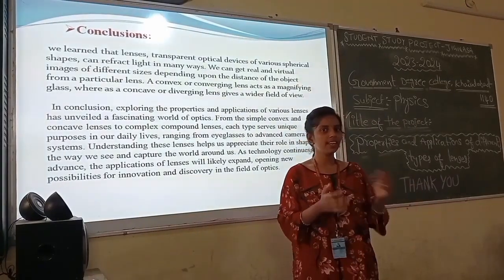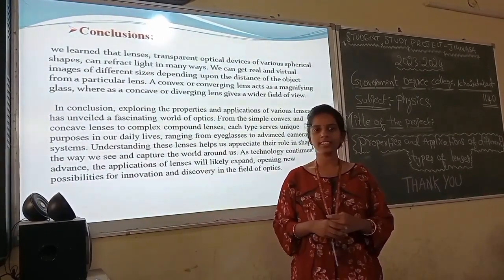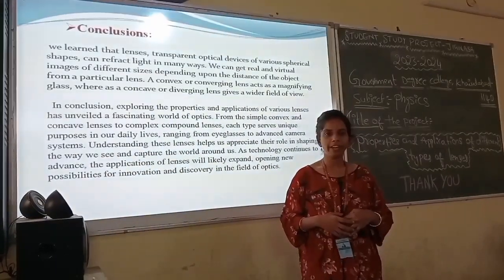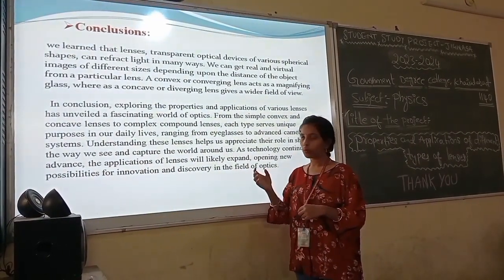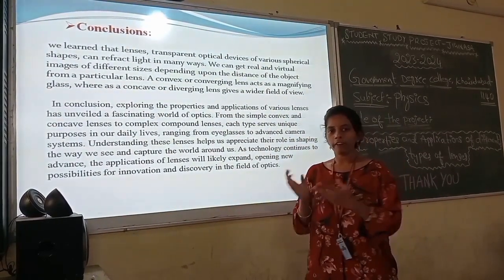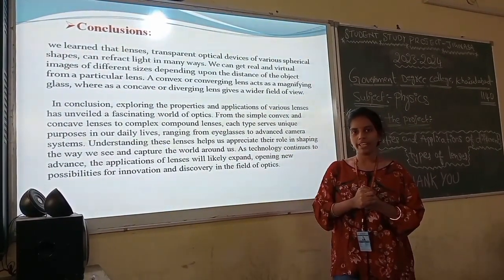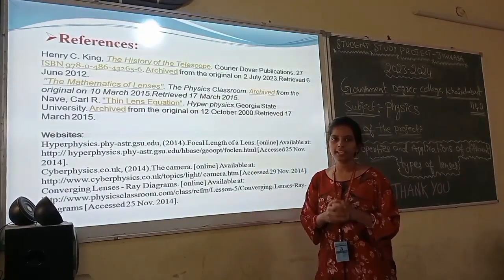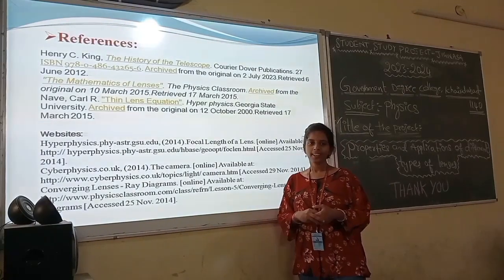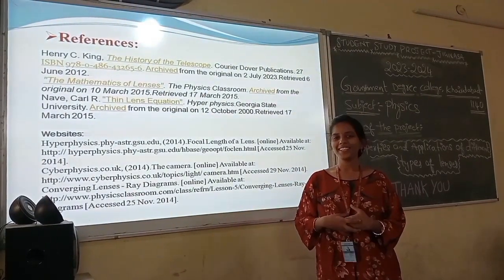Convex lens or converging lens acts as a magnifying glass. Diverging lens or concave lens acts as a wide field of view. We explored the properties and applications of the convex lens and concave lens. References: these are collected from books, materials, websites and teacher guidance.